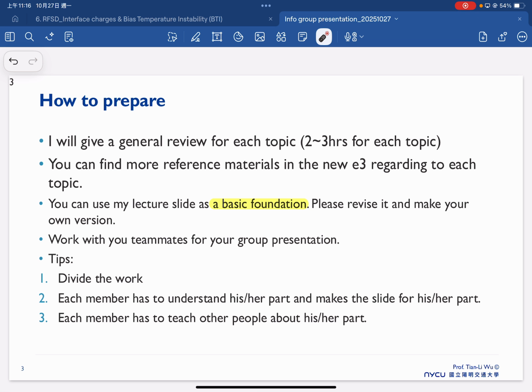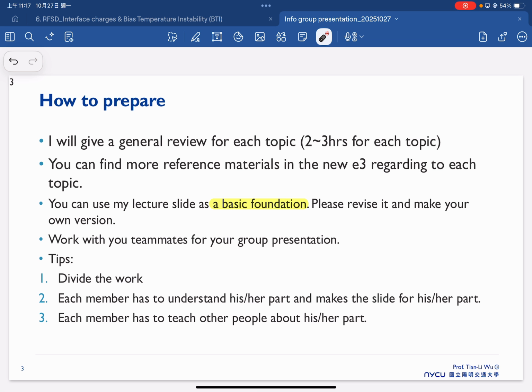So what I suggest is that you divide the work for sure, but each member has to understand his and her own part, and make a slide for everyone, and each member has to teach other people about their part. In this case, it is more efficient and the whole group can understand the whole presentation.